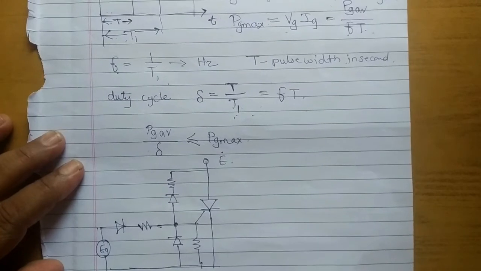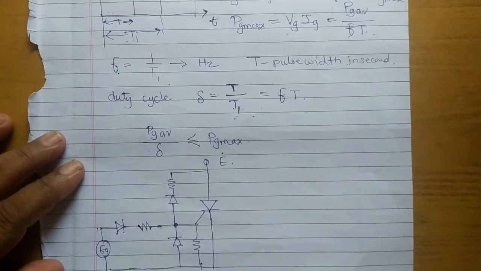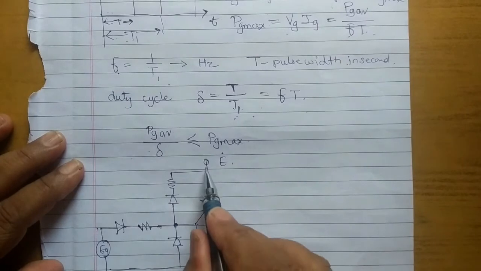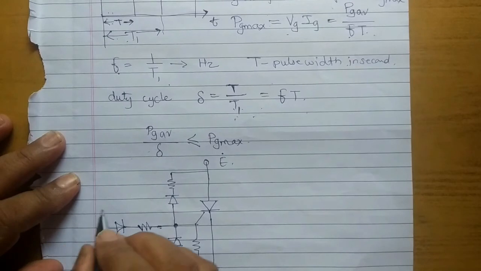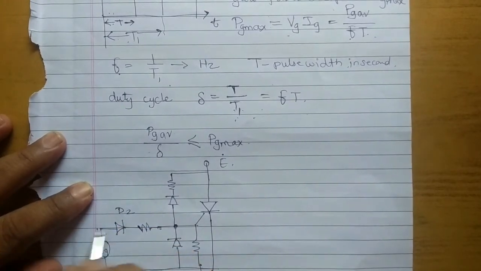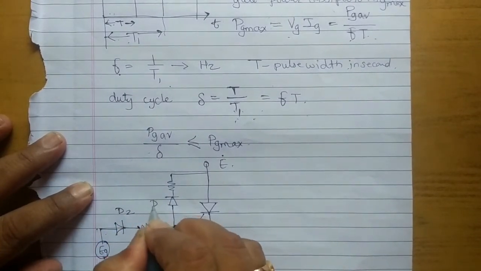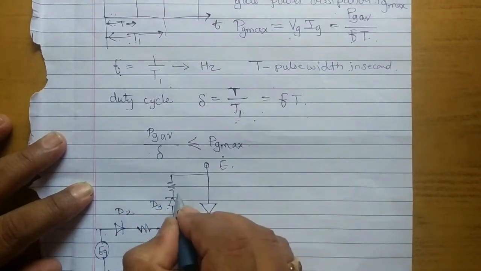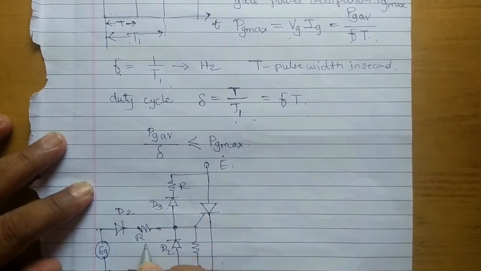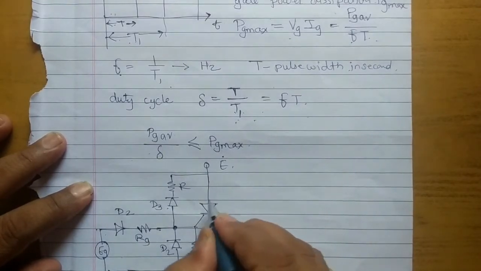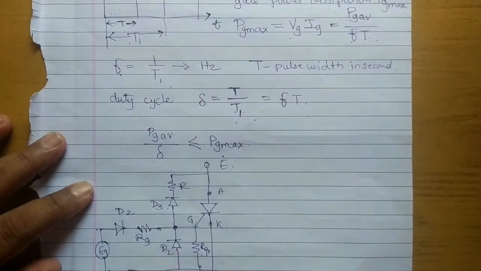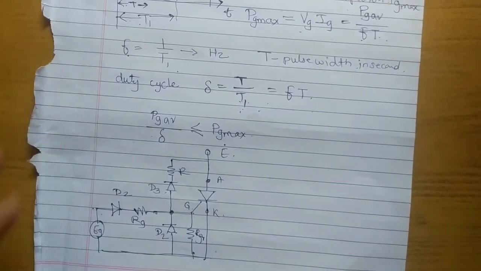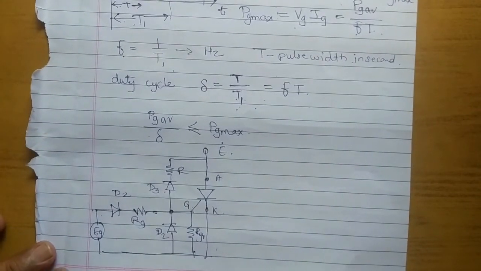So here the main supply is given, anode to cathode, and for gate the EG supply is given. I will just name the diodes D1, D2 and D3. You can write RG, you can write anything. And this is your anode, cathode and gate. So this is a general triggering circuit which I have drawn.